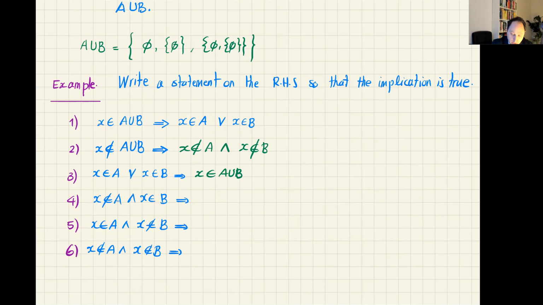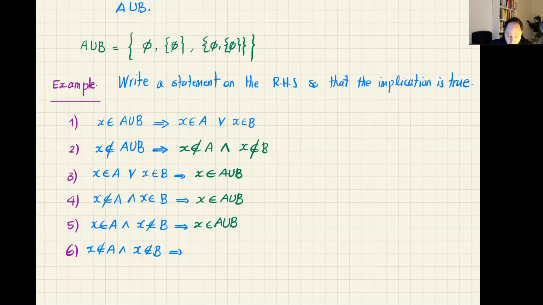Yes, because I know that X belongs to B, so who cares about the other set? X definitely belongs to the union. The next thing is also the same. X belongs to A, so I don't need to worry about whether X belongs to B or not. Definitely X belongs to the union.